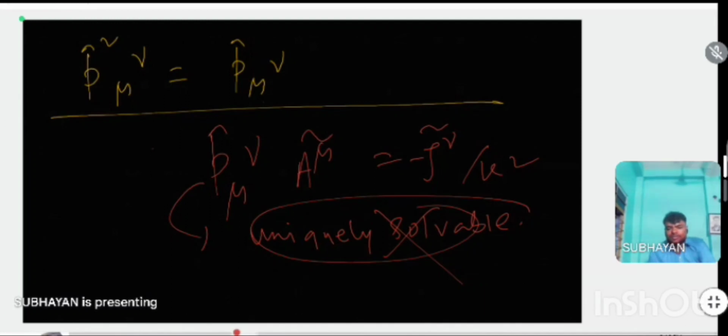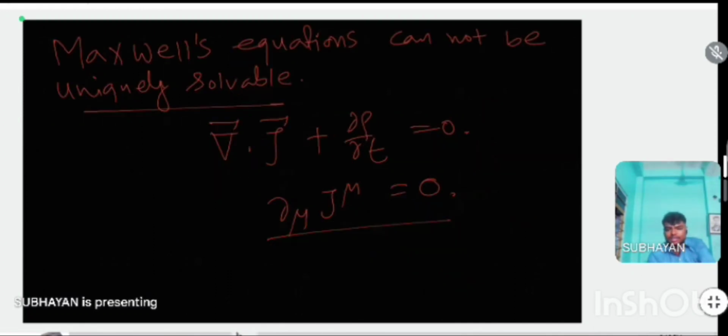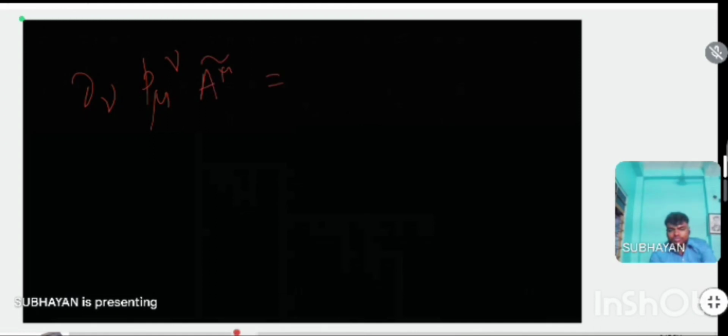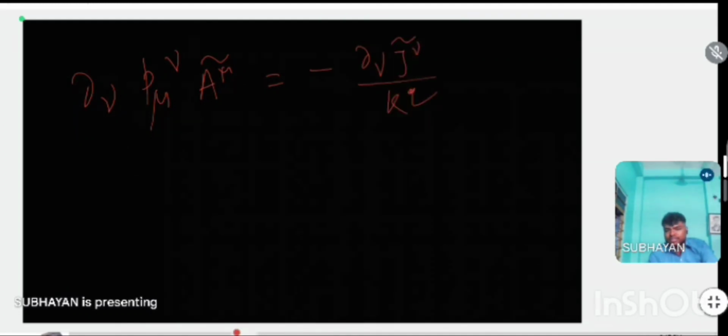Now take the derivative with respect to nu of the equation on the board, and that means you have del nu p mu nu of a mu tilde equal to minus del nu j nu tilde by k square. As del nu j nu is 0, this is 0.